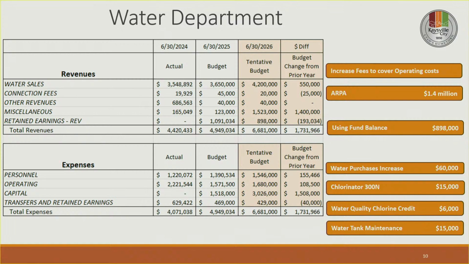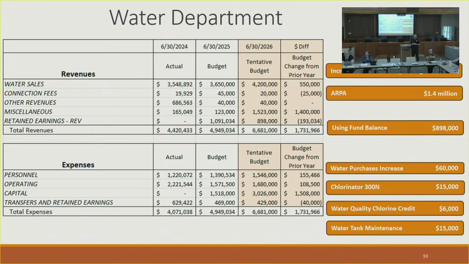Yep, that black line. In addition to that, we are obviously doing a very large project on 200 North, but there is 0 project doing any other replacement work in Kaysville.